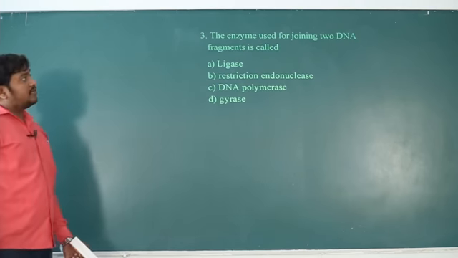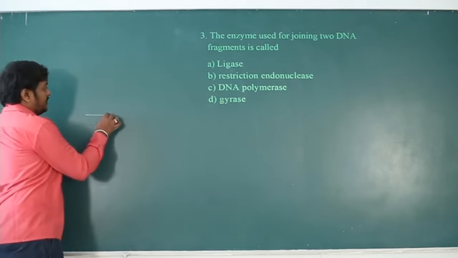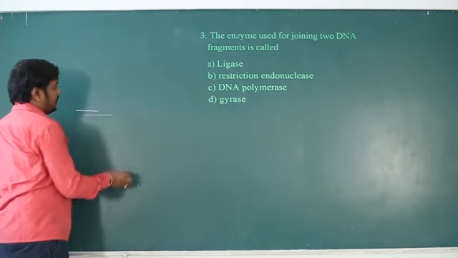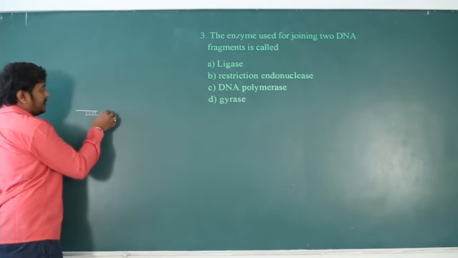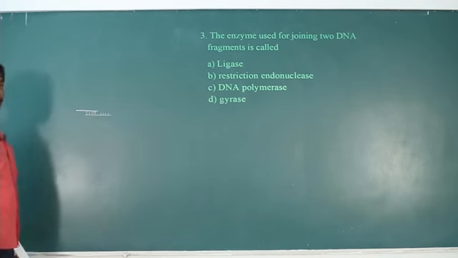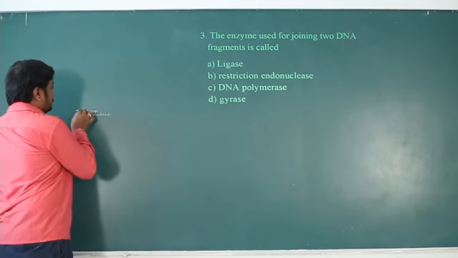The enzyme used for joining 2 DNA fragments which have sticky ends. Suppose this is one DNA having unpaired bases. Unpaired bases are called a sticky end. So let's say this is one sticky end.